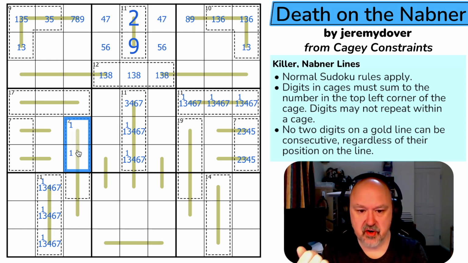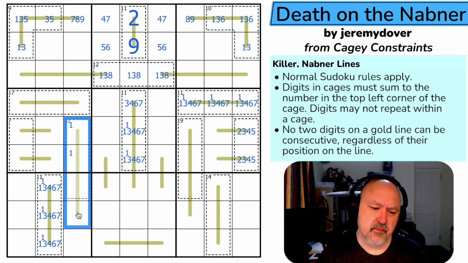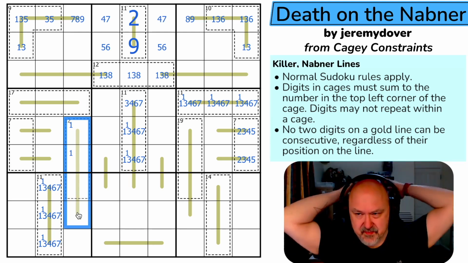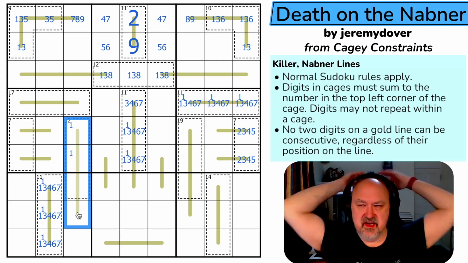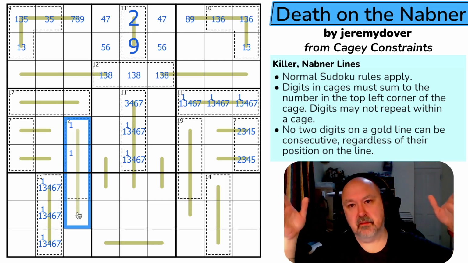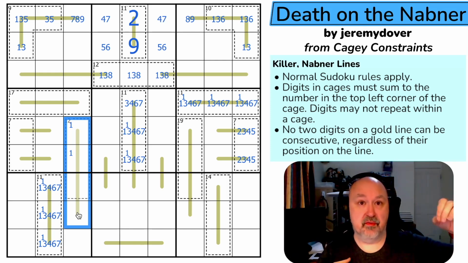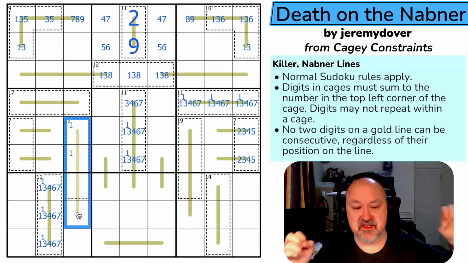I could use 2, 9. I could use 3, 8. But there's 4 digits on a Nabner, and when there's 4 digits on a Nabner, it becomes a little restricted. It's not a lot restricted, though. Because all you need, like, a 5-cell long Nabner line is 1, 3, 5, 7, 9. It just must be.